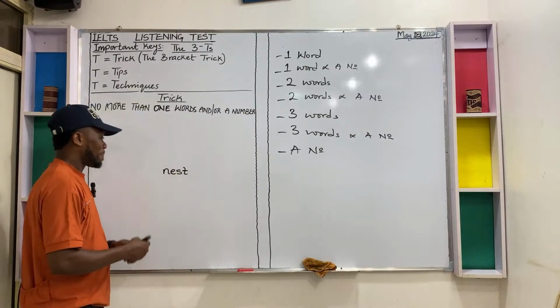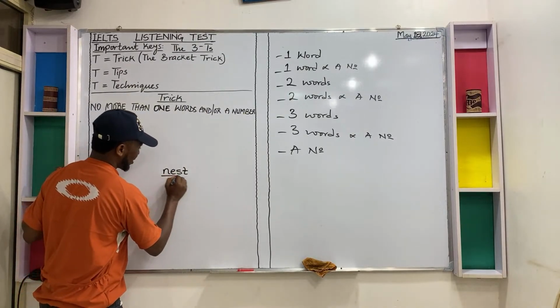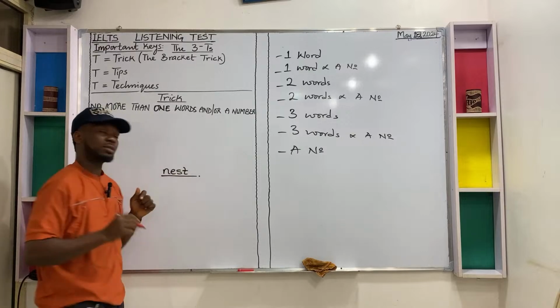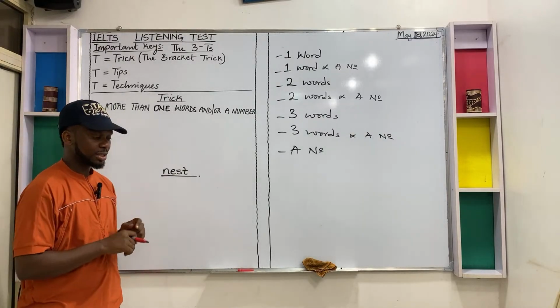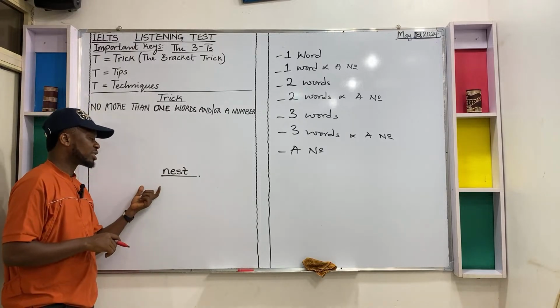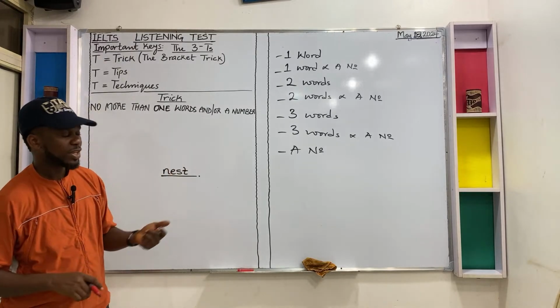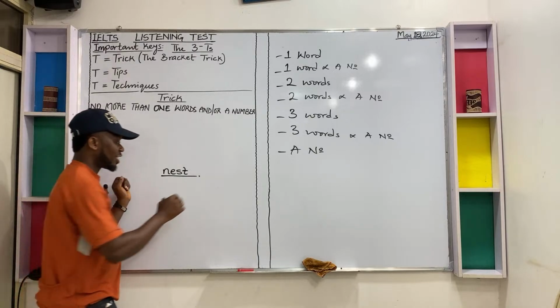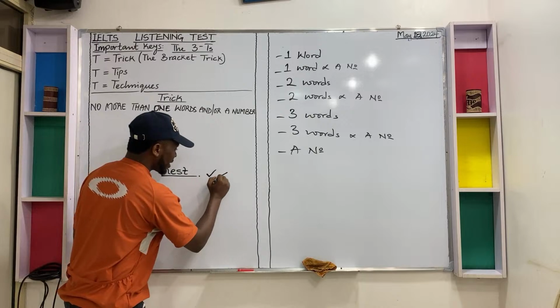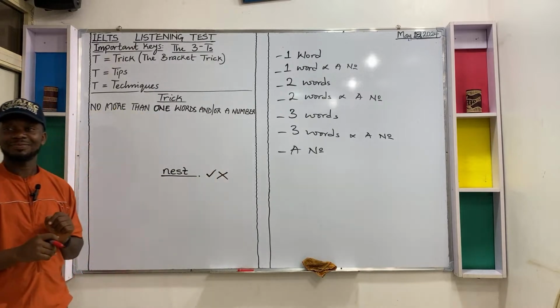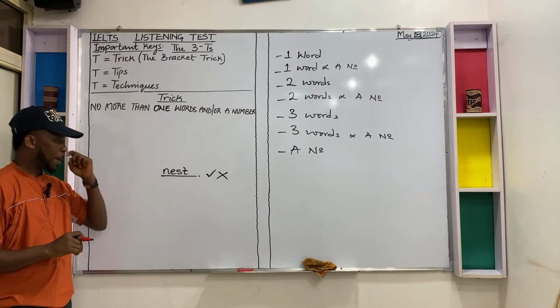Now, your answer, according to you, is nest. According to Janet, the birds usually collaborate to build their nest. Now, when you write this, you may be correct. You may also be incorrect. Do you know why?